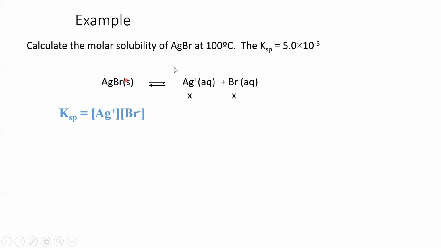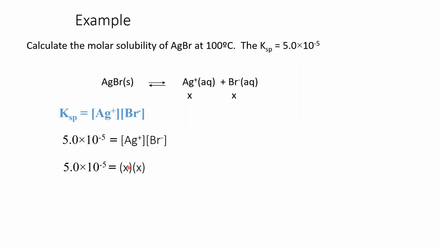Now, this time, we know KSP. You can plug that in here. We don't know the concentrations. But we do know that the concentrations are equal to each other. So we're going to be able to plug in X for silver ion and X for bromide ion. That really equals X squared.